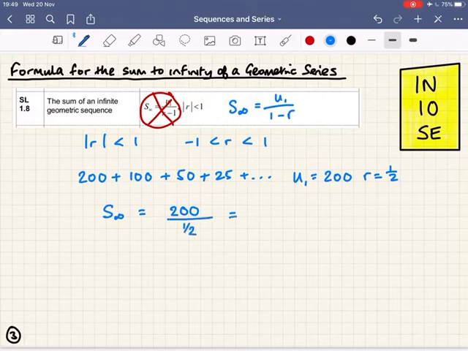And so my sum to infinity here is 400. Doesn't matter how big this geometric series becomes, its sum will be 400 once we get past a certain number of terms. So with that formula, it's very easy. S to infinity is equal to u1 over 1 minus r.